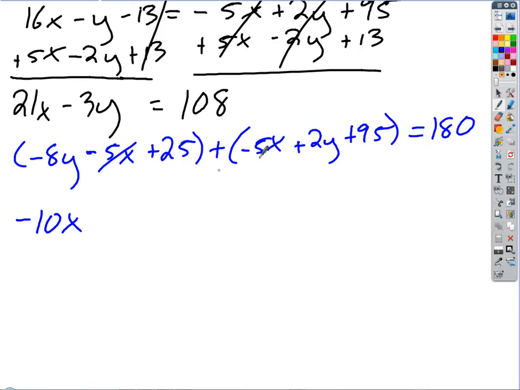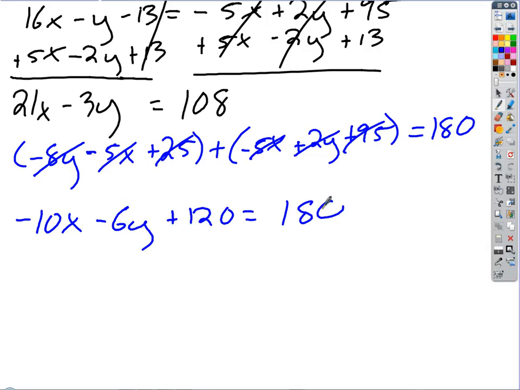Negative 8y plus 2y is negative 6y. 25 plus 95 is 120. Equals 180. And then the last step maybe would just be to subtract 120 from both sides. Or I could subtract 180, either or. Let's subtract 120.